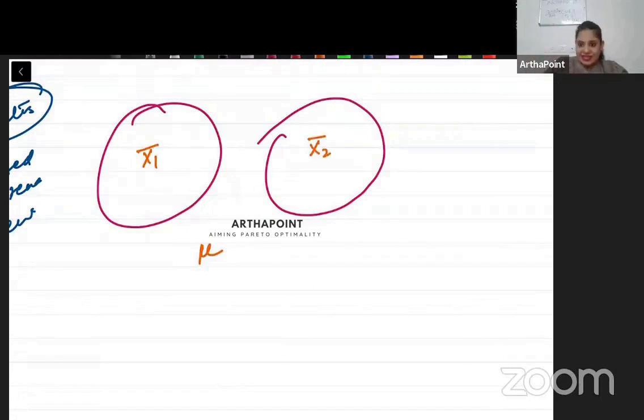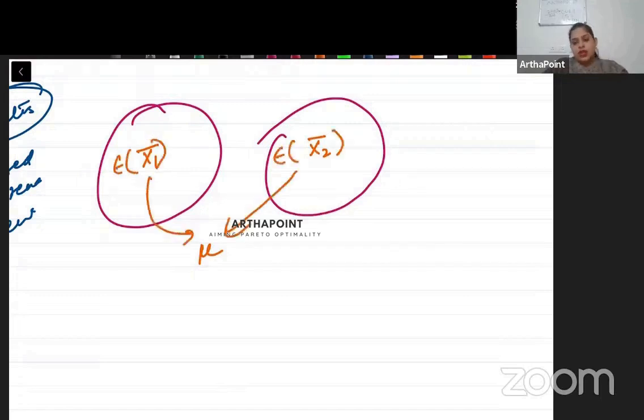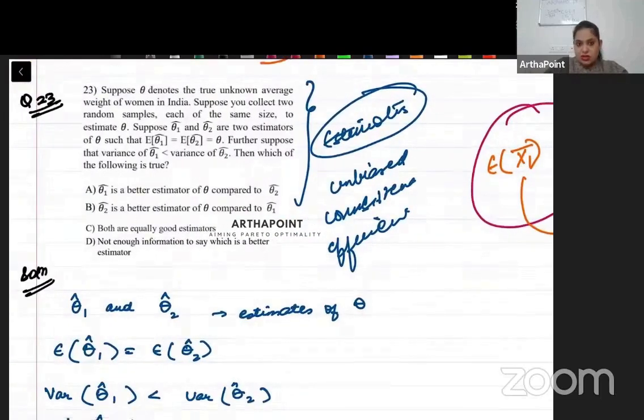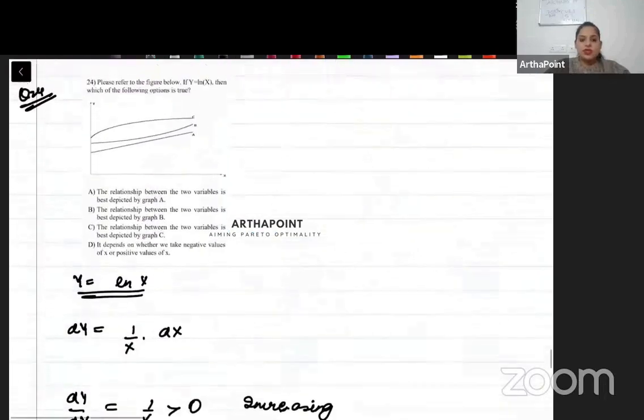I will choose that estimator whose expected value is equal to my population mean. So I want to choose the estimator which has an expected value equal to the true value. But if all estimators have that property satisfied, then I will choose the estimator with the minimum variance. Which estimator has minimum variance here? Theta 1 hat. So theta 1 hat is a better estimator. That's it. Come to the next question.